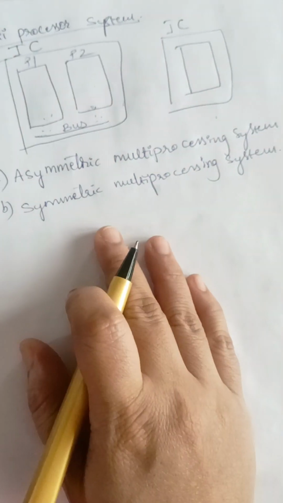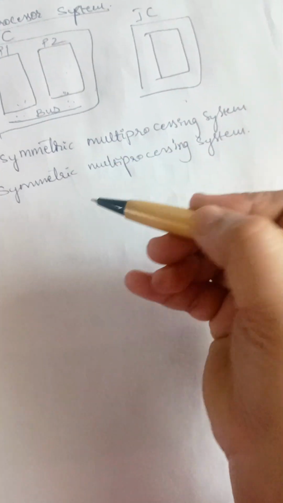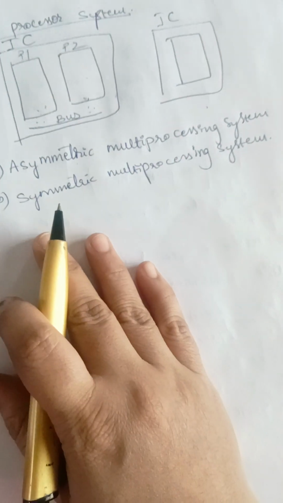Now what is the difference between these two? What is asymmetric, and what is symmetric?